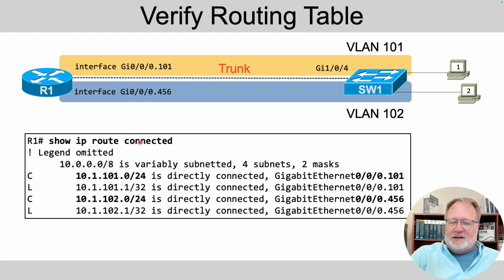So show ip route connected shows that subnet ID we configured off subinterface 101, and look, it's directly connected, and there's the subinterface 101. Likewise, off subinterface 456, here's the connected route for that 102 subnet, if you will.